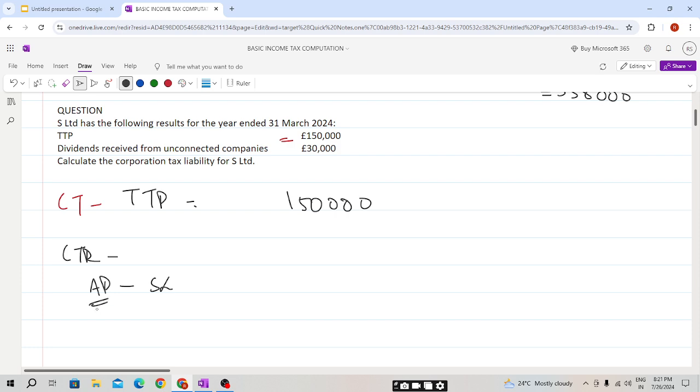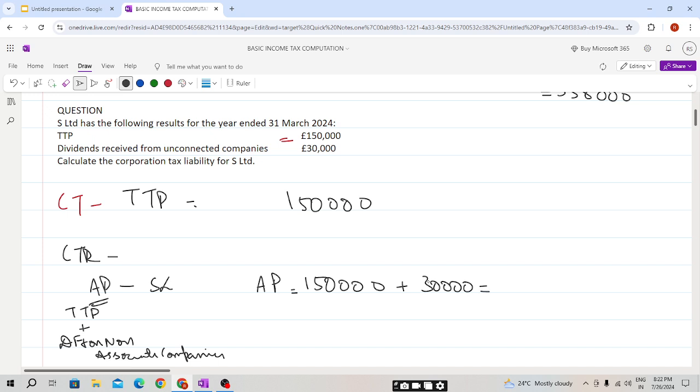The augmented profit here is TTP plus dividend from non-associated companies. So augmented profit will be 150,000 TTP plus dividend from unconnected companies of 30,000, so it will be 180,000.